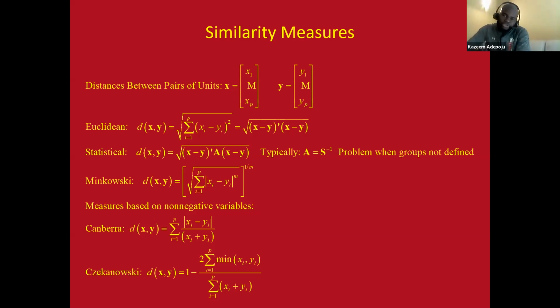But the moment the distance is not very significant, then we can more or less classify those individuals into the same group. It is only when there is a great distance between them that we can say this shouldn't be grouped together.